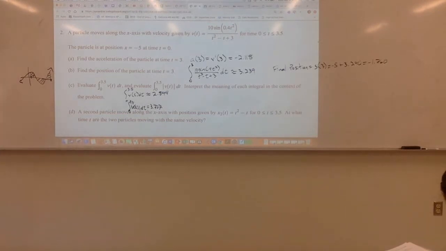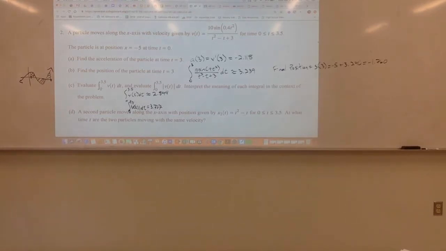So now we need to explain what each of these things mean. So what is the first one? It's the area under the curve. Displacement.